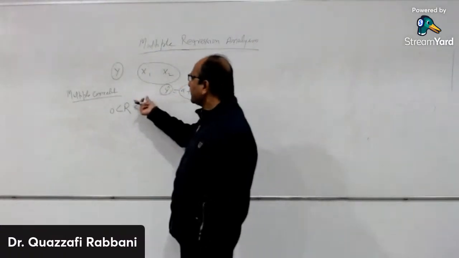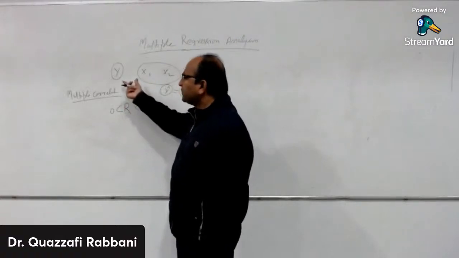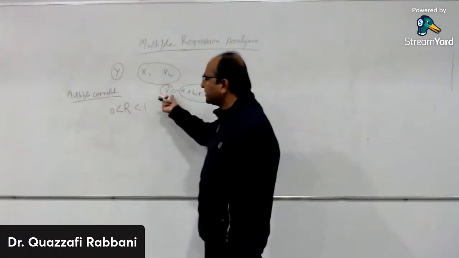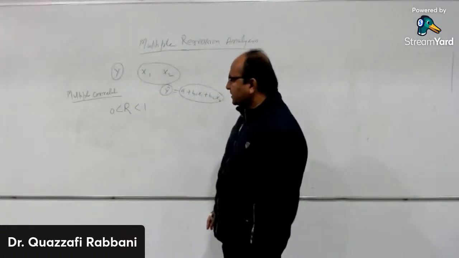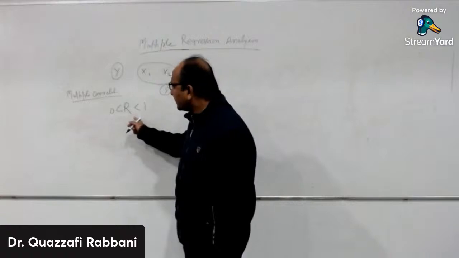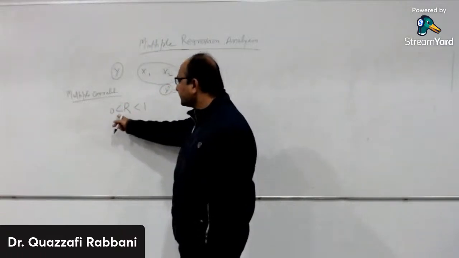So they are actually the relation between original and estimated. So therefore the correlation coefficient can never be negative, only positive, 0 to 1.